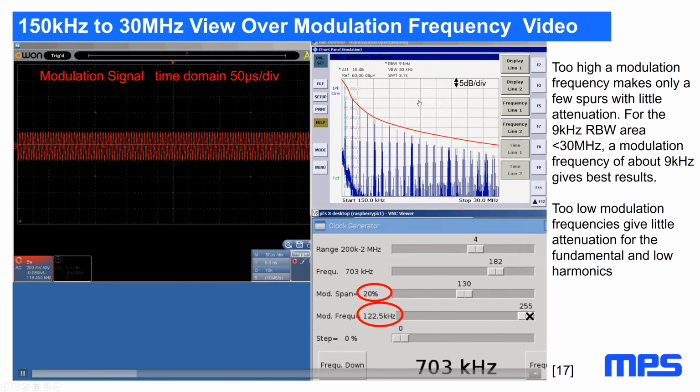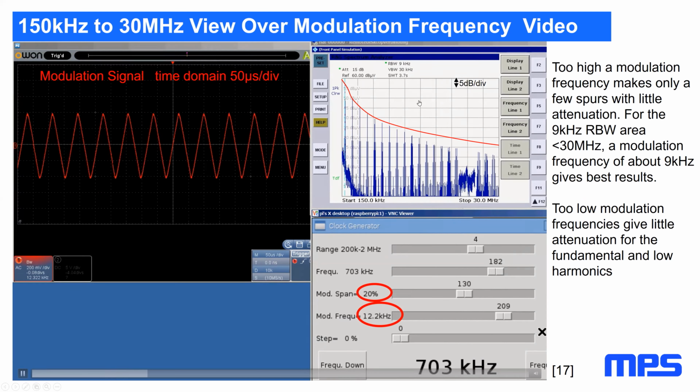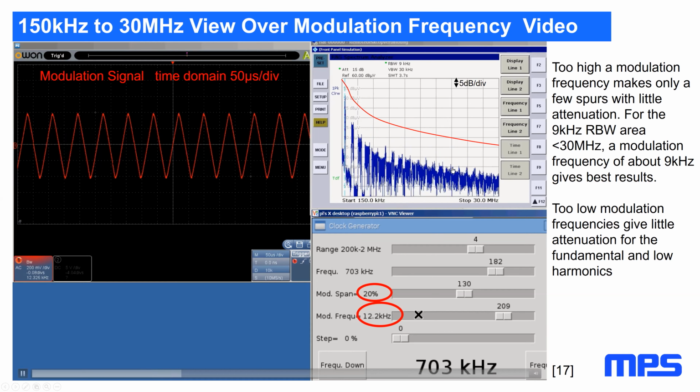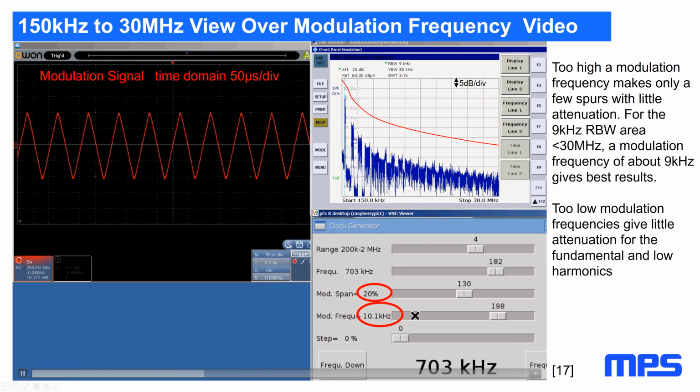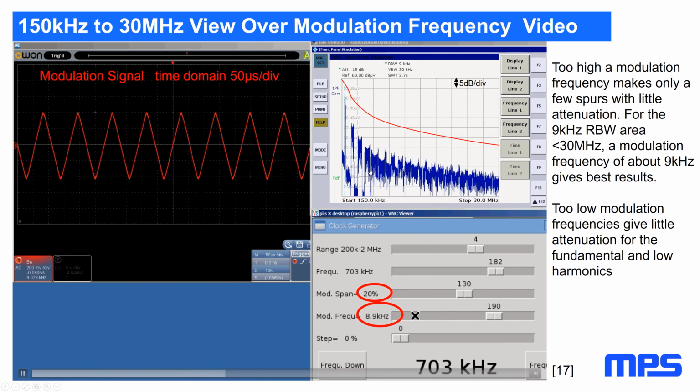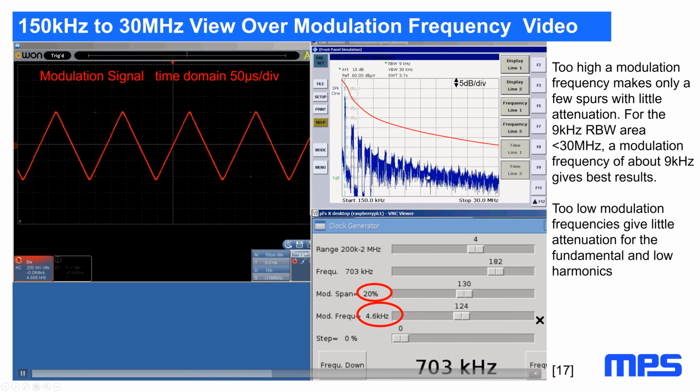In the low area we get a little attenuation, and only if we move the modulation frequency down do we get also in the lower frequency area a decent attenuation. Now you can see that the spurs get wider and wider, because that's linearly frequency here. So at a certain point you get to the overlap region. If you are within the overlap region, typically you do not get more attenuation if you change the modulation frequency.